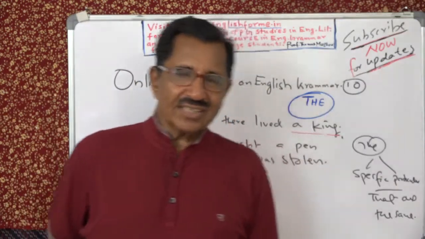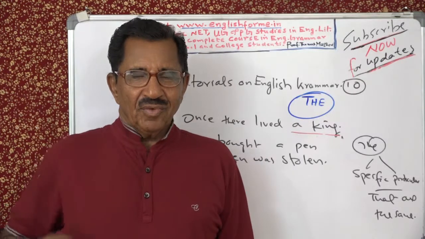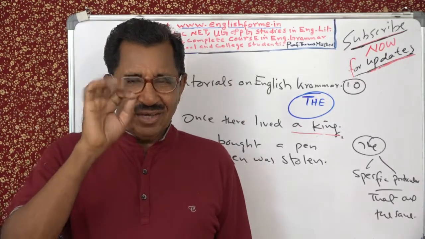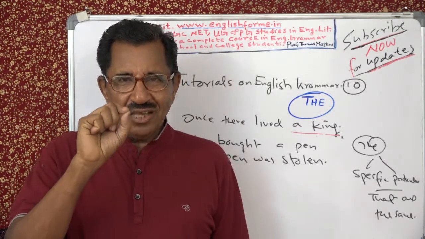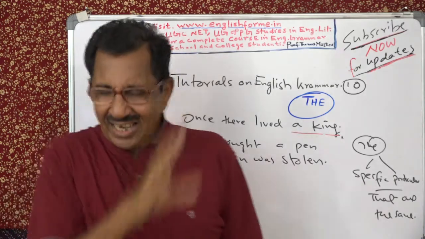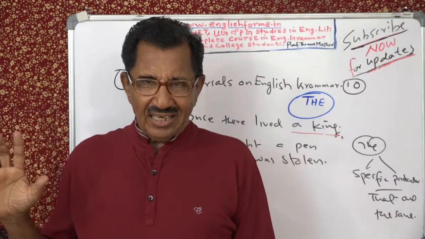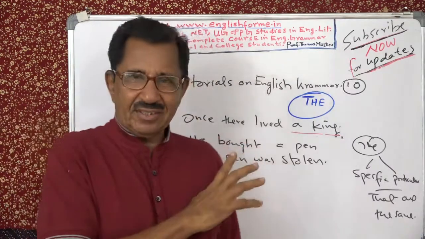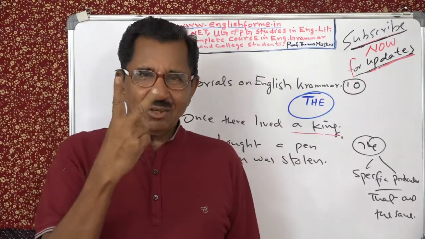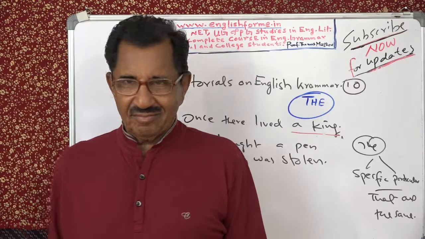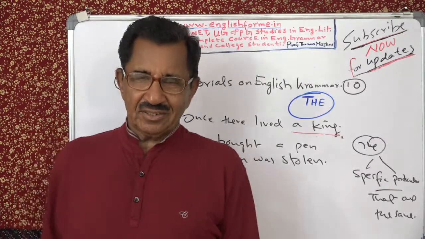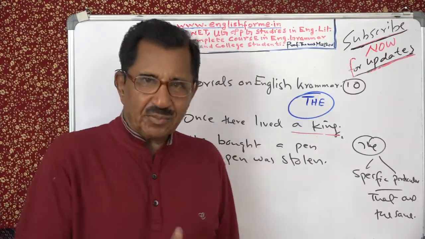So now you can see, the place where you can use the without any confusion and absolutely no exceptions is the second use of the same noun. Of course, in connected speech.